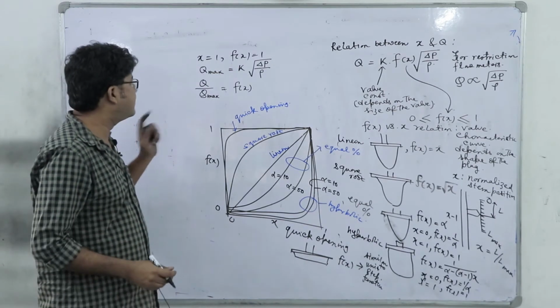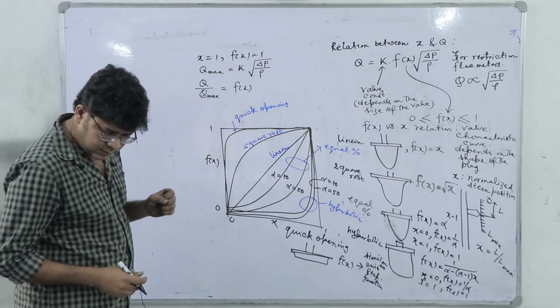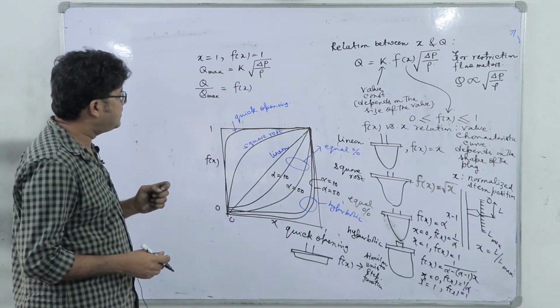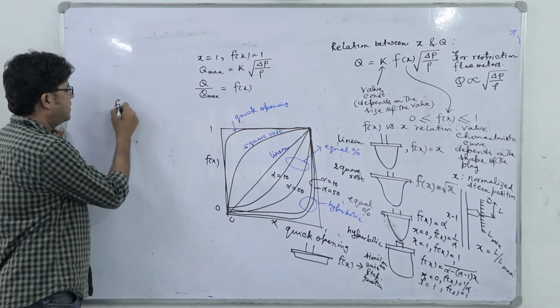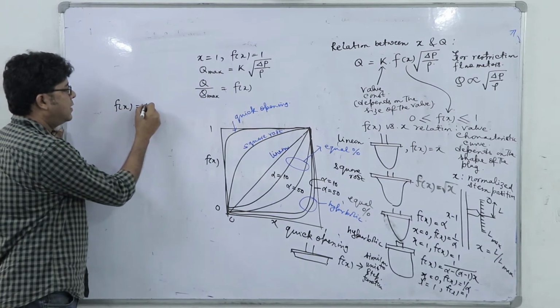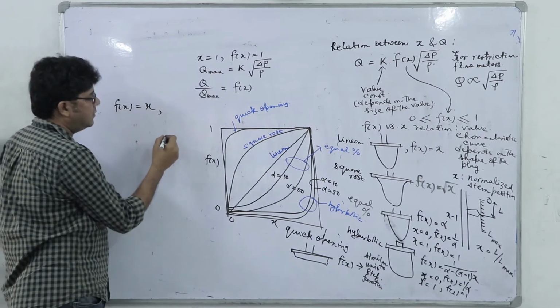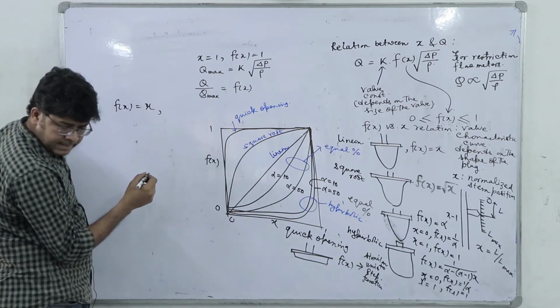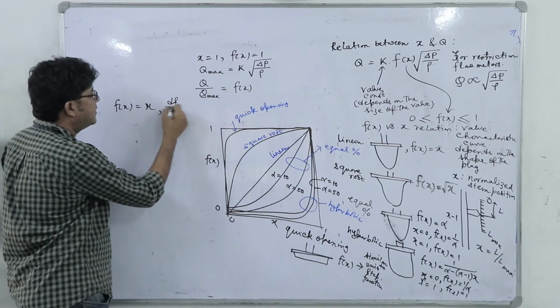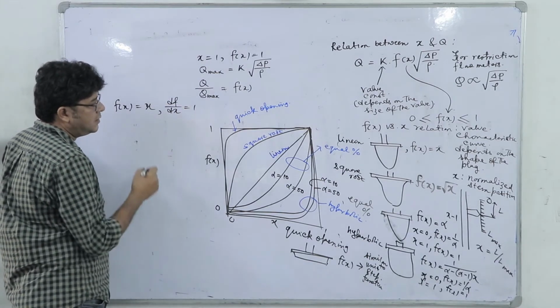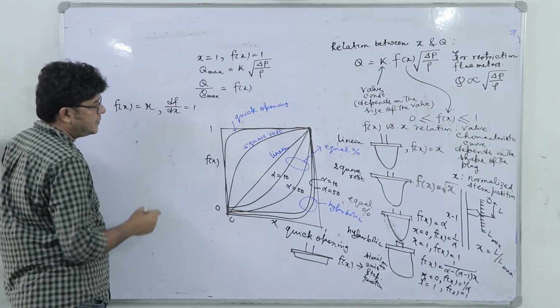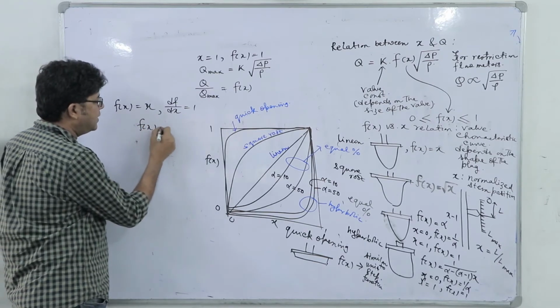You see this linear case, f(x) is equal to x, so df/dx is equal to 1. As an alternative, f(x) is equal to the square root of x.